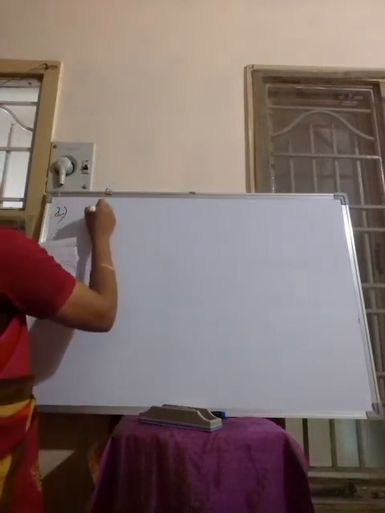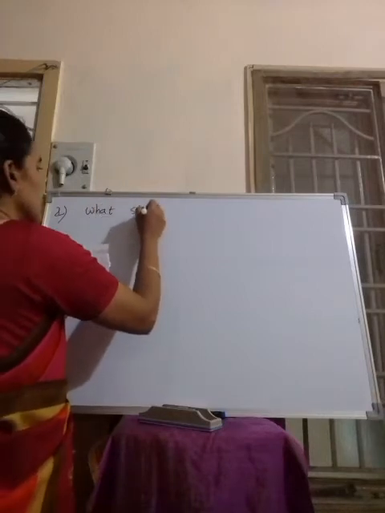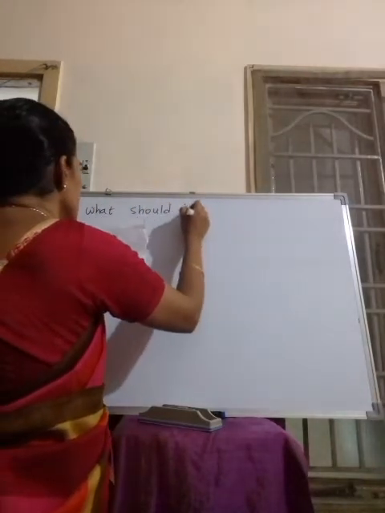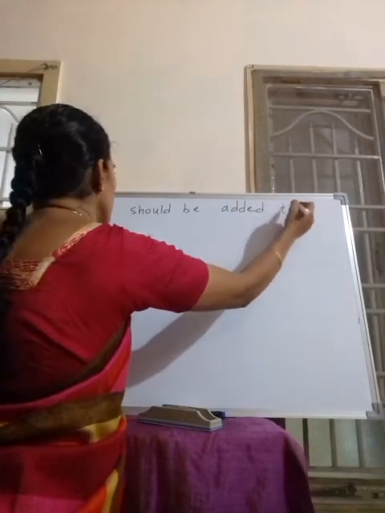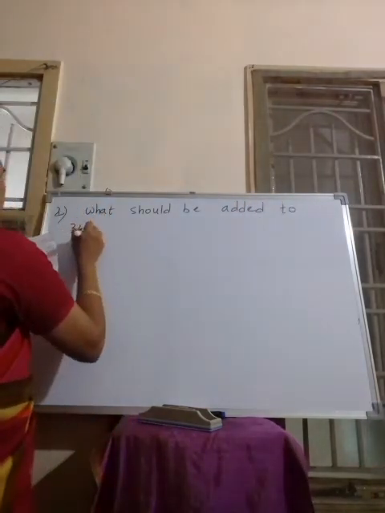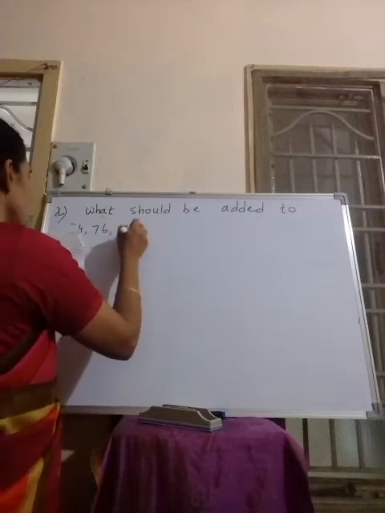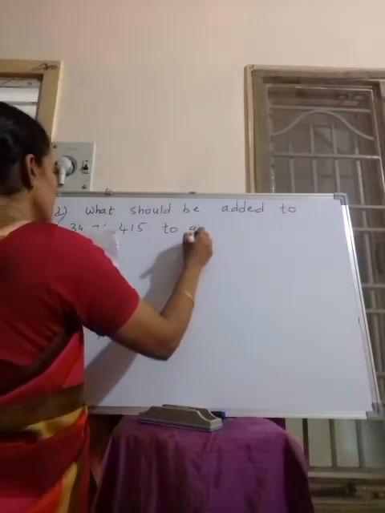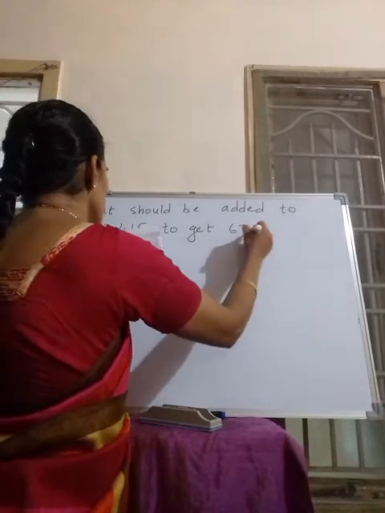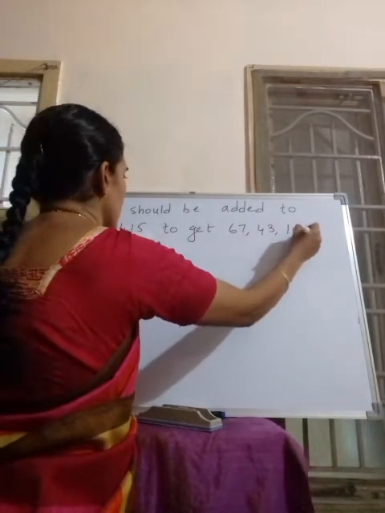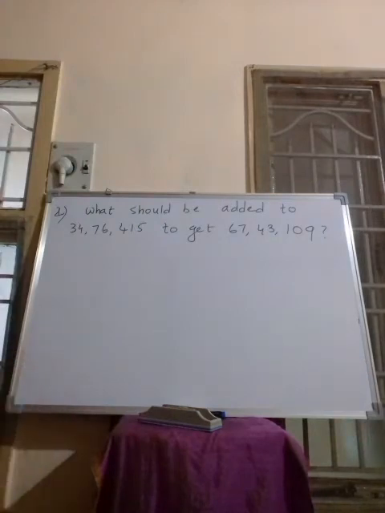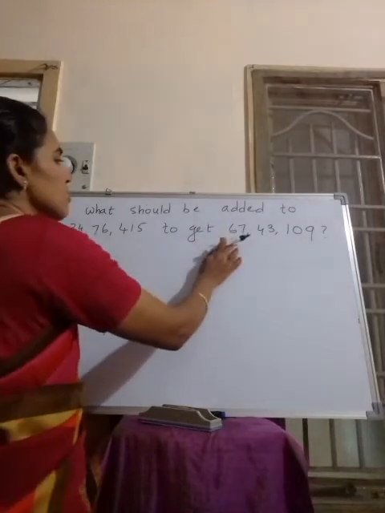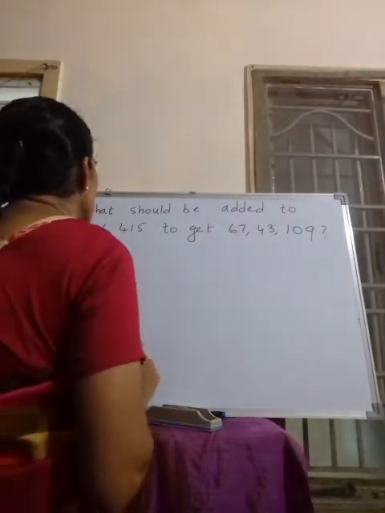What should be added to 34,76,415 to get 67 lakhs 43,109? What should be added to 34 lakhs 76,415 to get 67 lakhs 43,109?